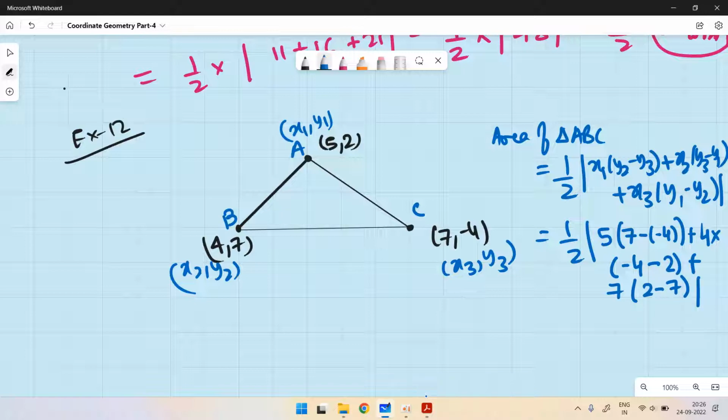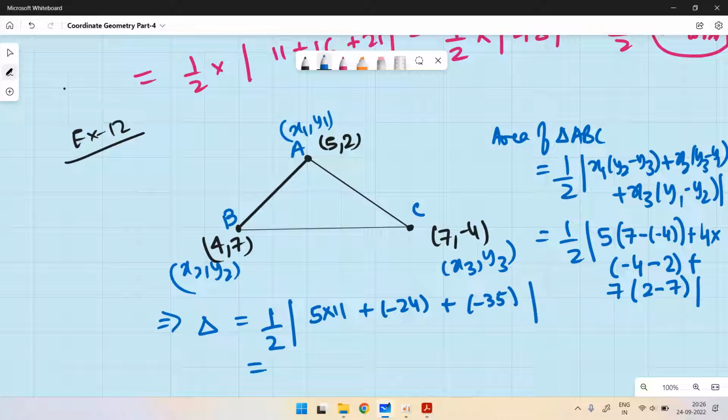Now if I directly write it here, the area of the triangle is nothing but half mod of 5 into (7 minus minus 4, which is 7 plus 4, that is 11), so 5 into 11, plus minus 4 into (minus 4 minus 2, which is minus 6), 6 fours are 24, so this is minus 24, plus (2 minus 7 is minus 5), and minus 5 into 7 is minus 35.